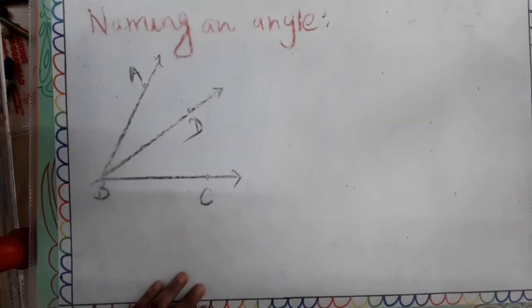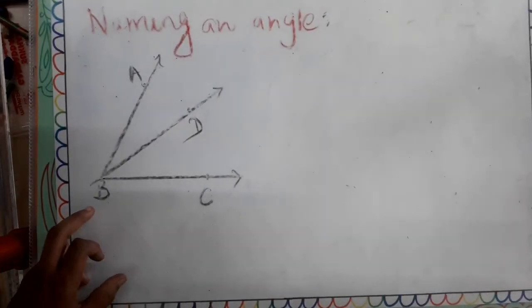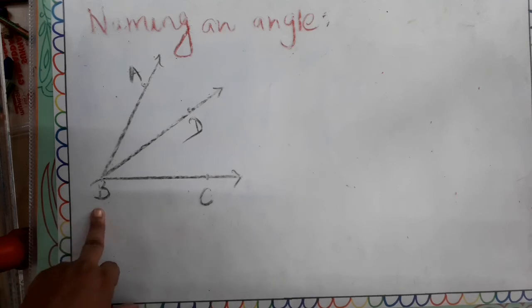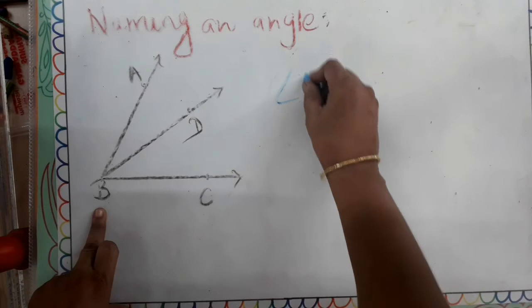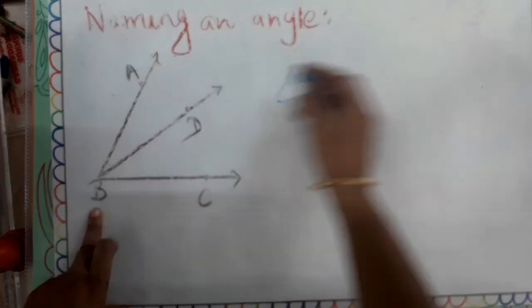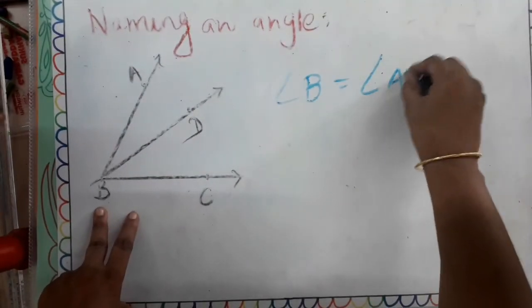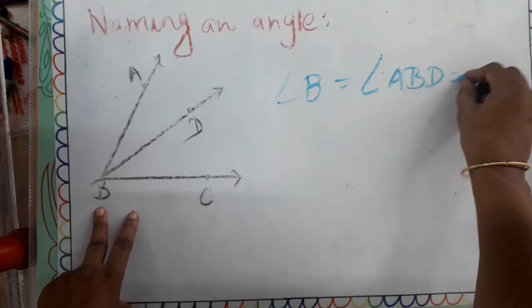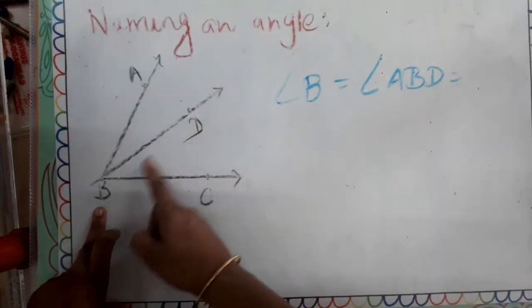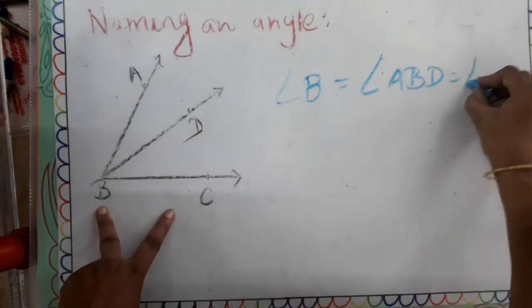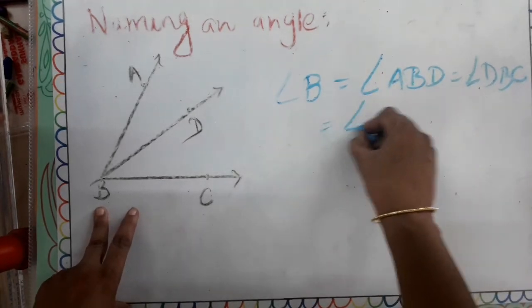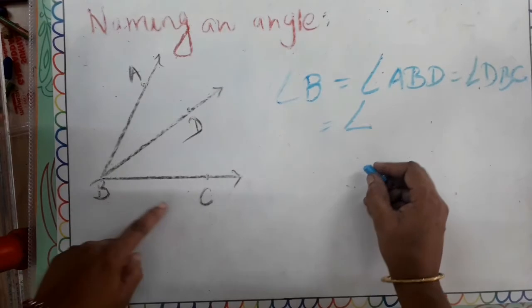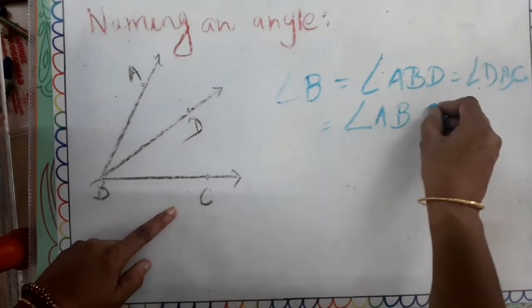Now see this figure. Here, which is angle B? Angle B can be this angle, angle ABD, or angle DBC, or it can be this angle, angle ABC, isn't it?